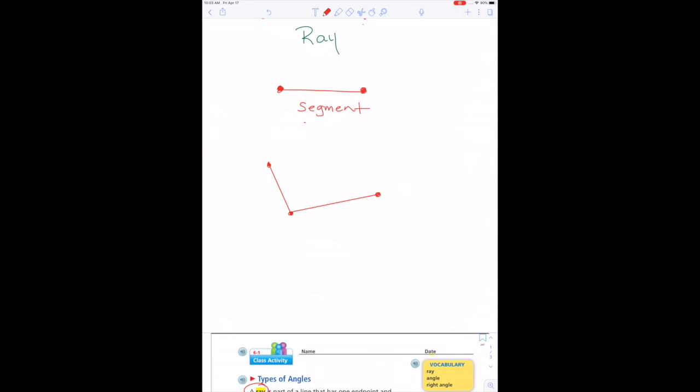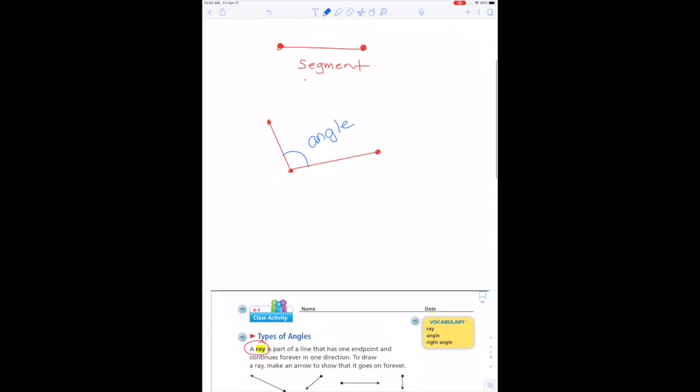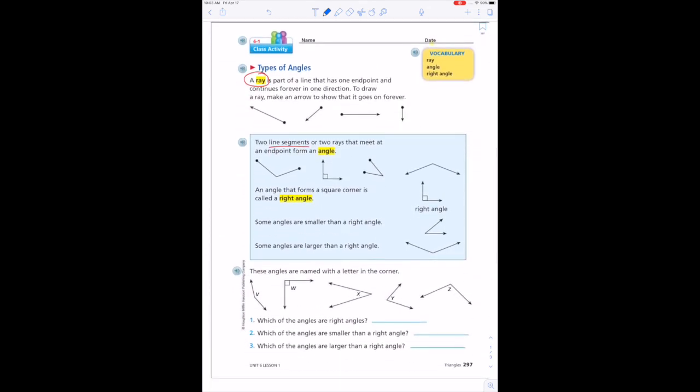We have to have two of them, and when they meet, the angle that we're going to talk about is the distance from here to here, from the line segment in the middle. That's what we're going to call an angle. Okay, so let's scroll back down here and we can look.